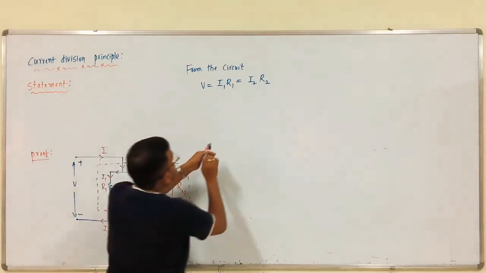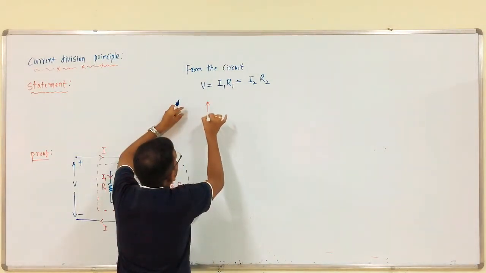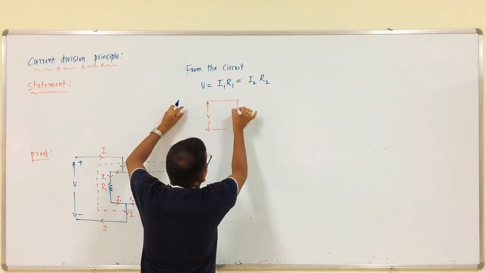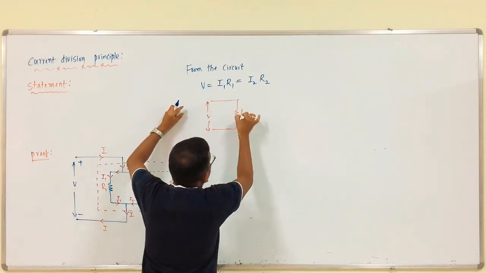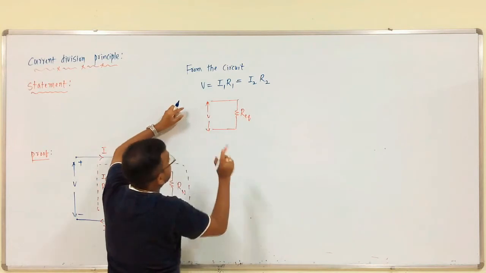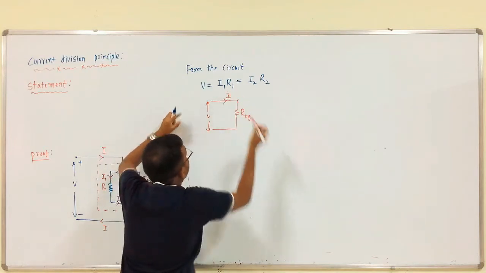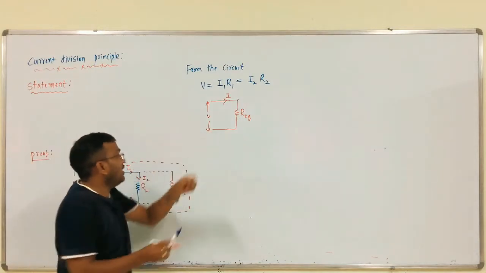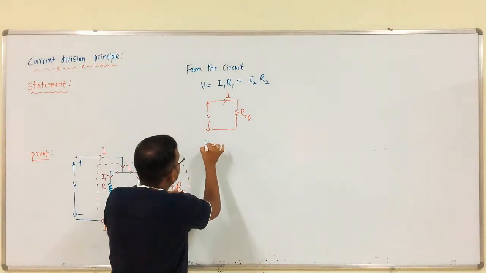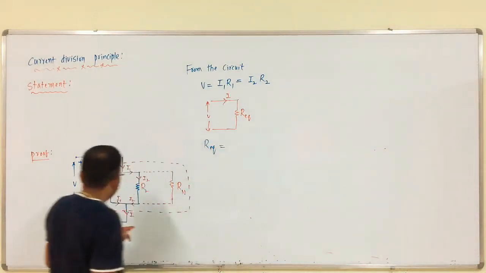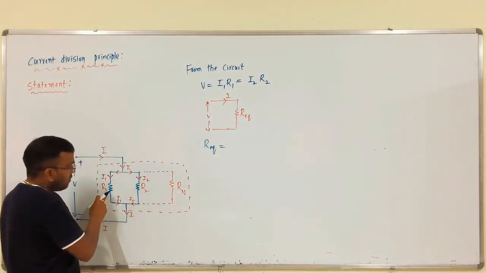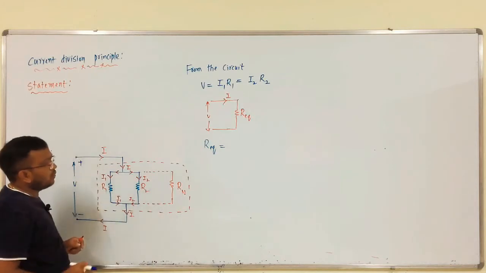That means the circuit is nothing but V with R equivalent, since we have only two branches, and this is the current, right. The circuit can be modified like this, with R equivalent. Therefore, what is R equivalent? Here I am considering only two branches connected in parallel. So R1 is connected in parallel with R2.